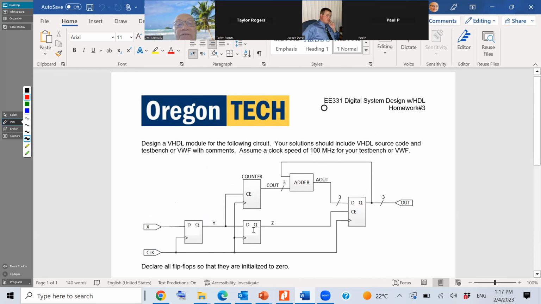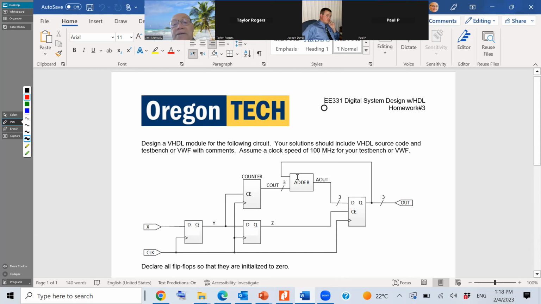Please note Z is a D flip-flop. But to get C out, it's a counter. A counter is incrementing with each clock as long as the chip enable is high, as long as Y is high. The output of the counter is C out. C out is 3-bit, and it goes through an adder.